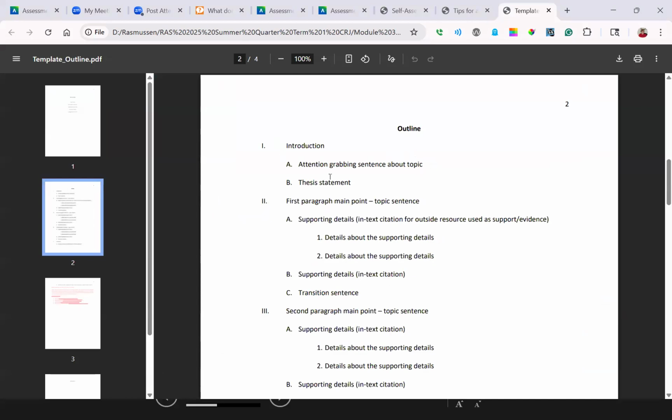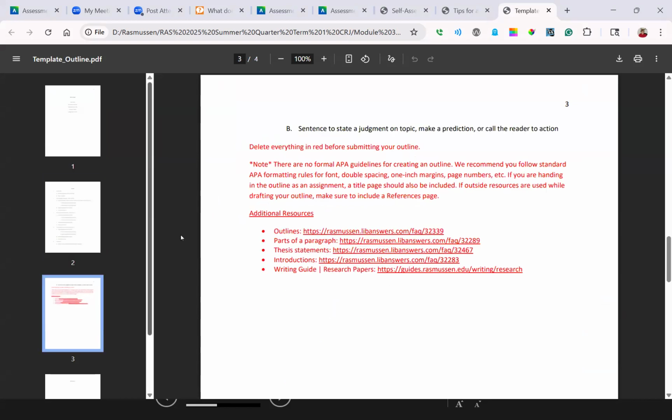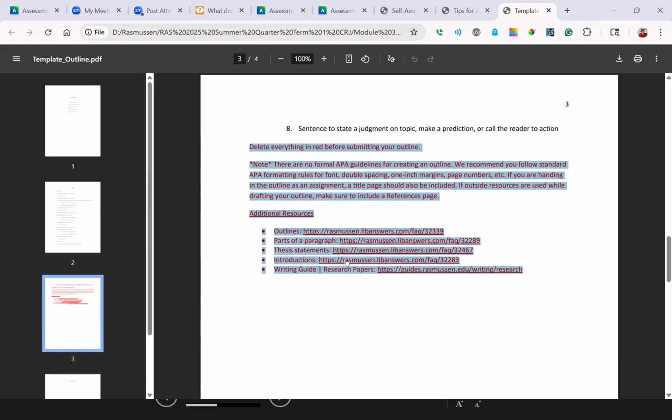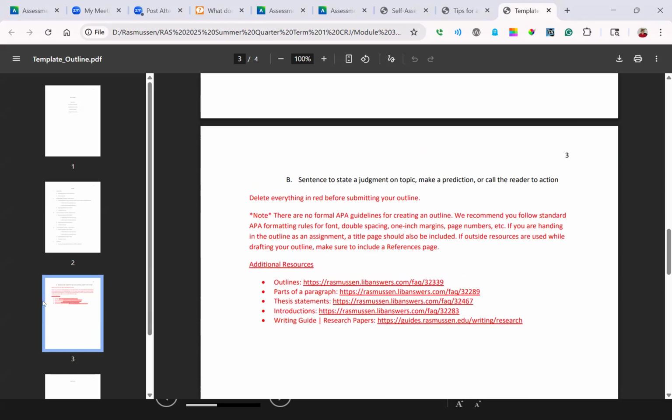It gives you a little general idea of how to structure it. This next page is the very important page. Delete everything in red before submitting your outline. So I encourage you to read this section. It's all in red. It's at the bottom of your template. Let's go to our PowerPoint.